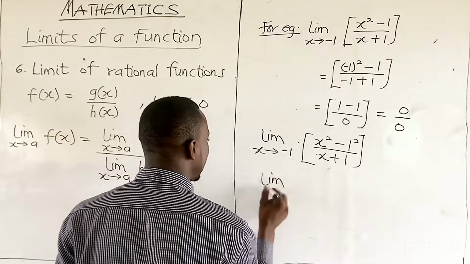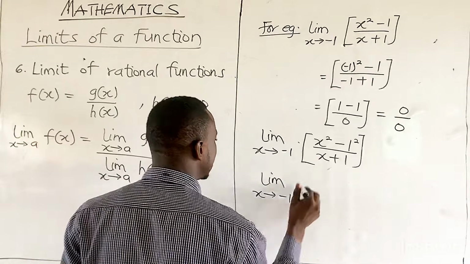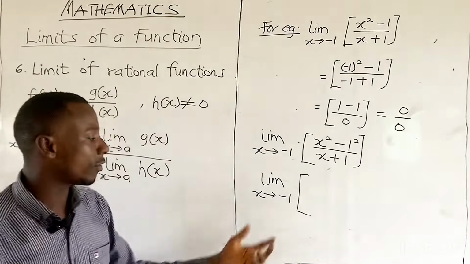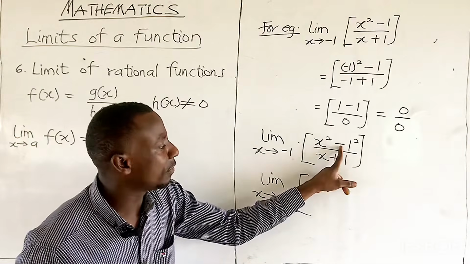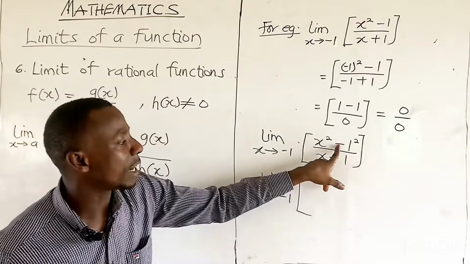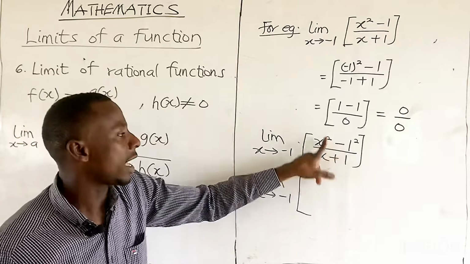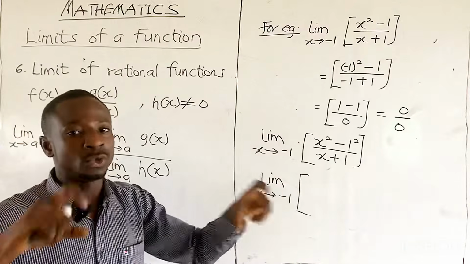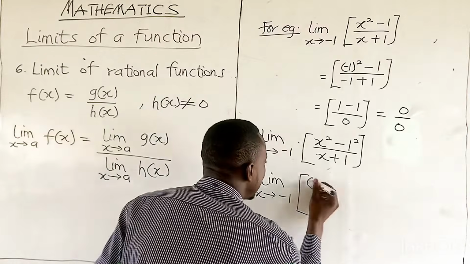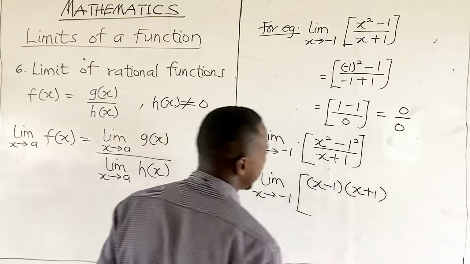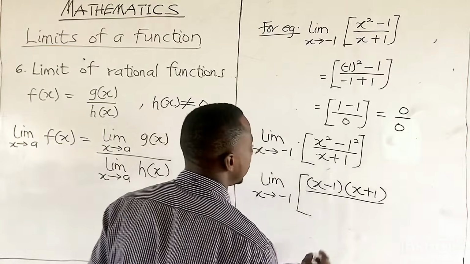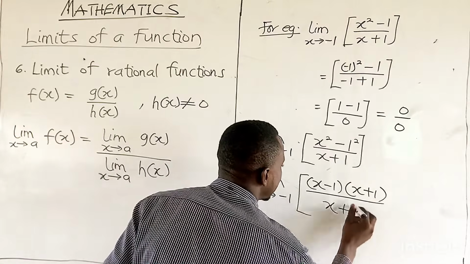We still have limit as x approaches -1. We have not yet applied the limit, so we need to repeat it. Now this is difference of two squares, x squared minus 1 squared. So it's the same as x minus 1 multiplying x plus 1 all over x plus 1.